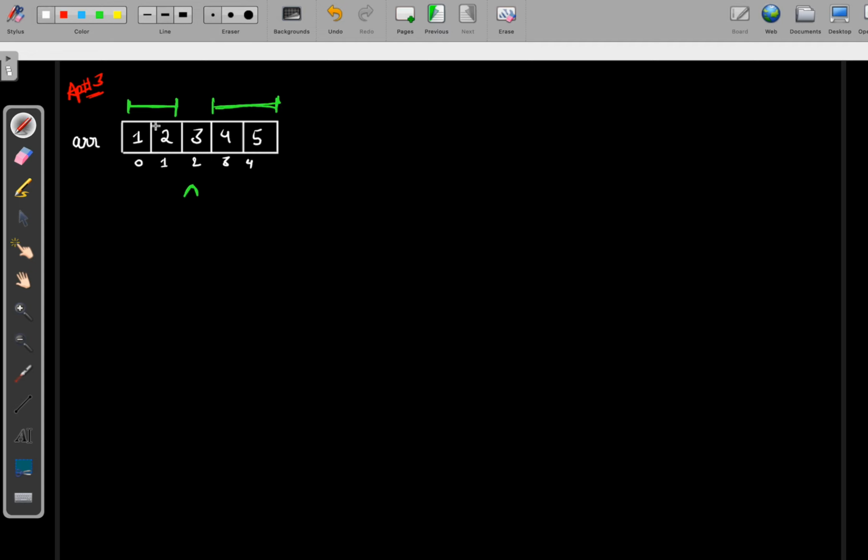So don't you think this is your left portion, and this is your right portion? And if somehow I'm maintaining my left portion multiplications, so my left product and my right product, I will be able to solve it.